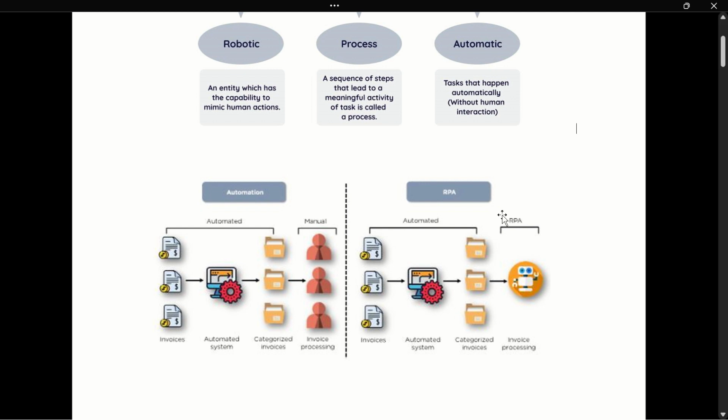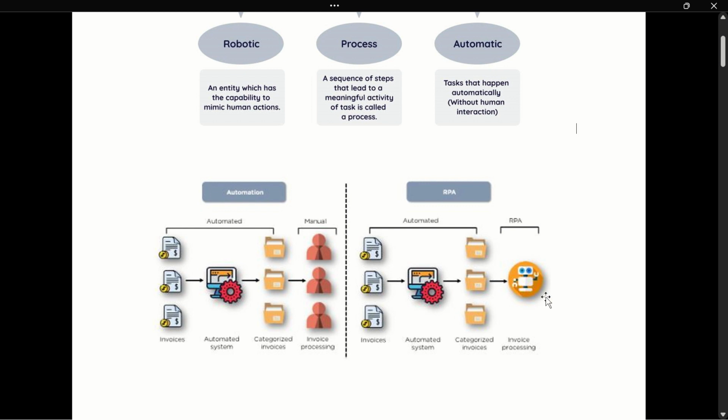Whereas when RPA came into the picture, it overcame the human interventions and all the actions humans were performing. If you see this architecture, you will be able to understand this. These are all manual processes, like manually reviewing the product and sending an invoice to the customer.